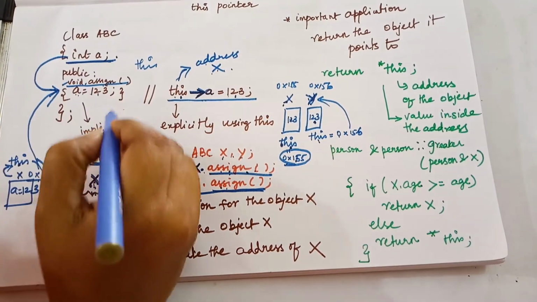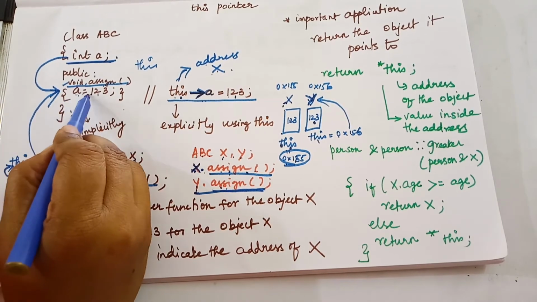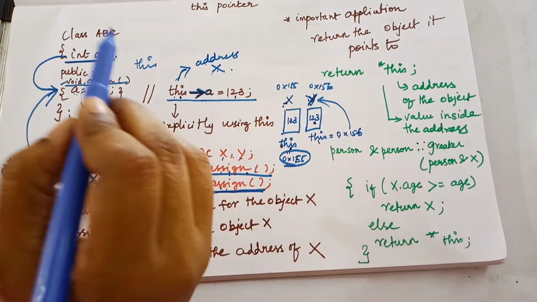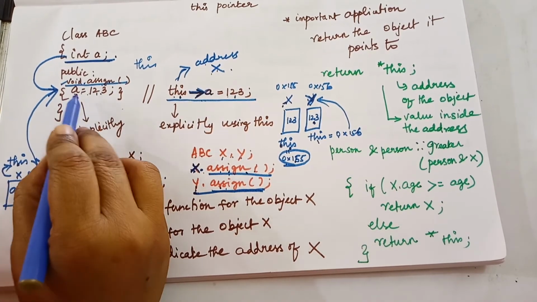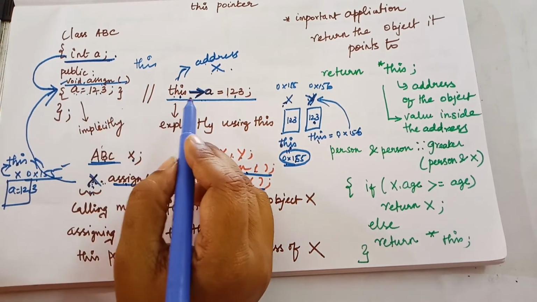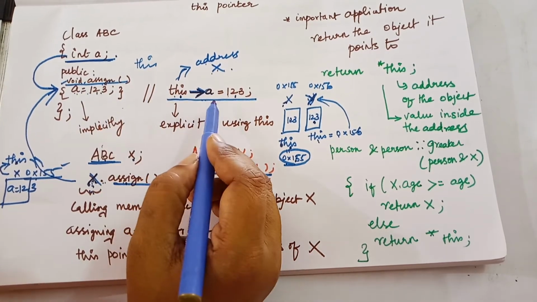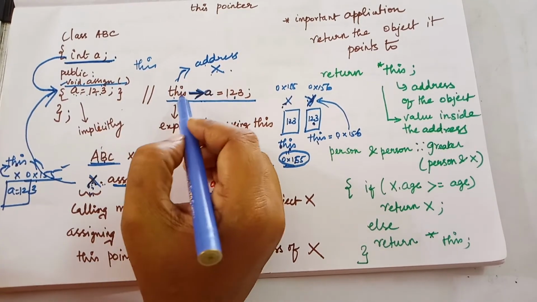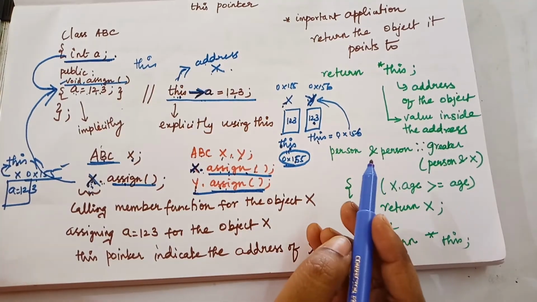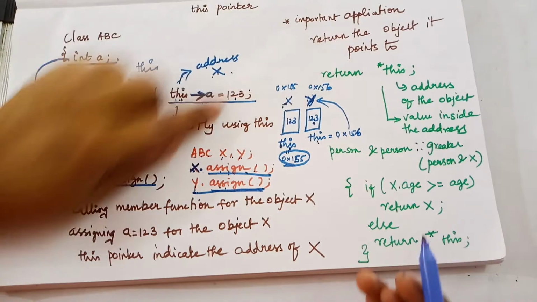So this pointer, see here, A is equal to 123, but it looks like this. Implicitly it does not consist of this keyword, but if you are going to use it explicitly, you have to use it like this. So this represents the address of the object. That's all. Okay. Now this is one advantage.